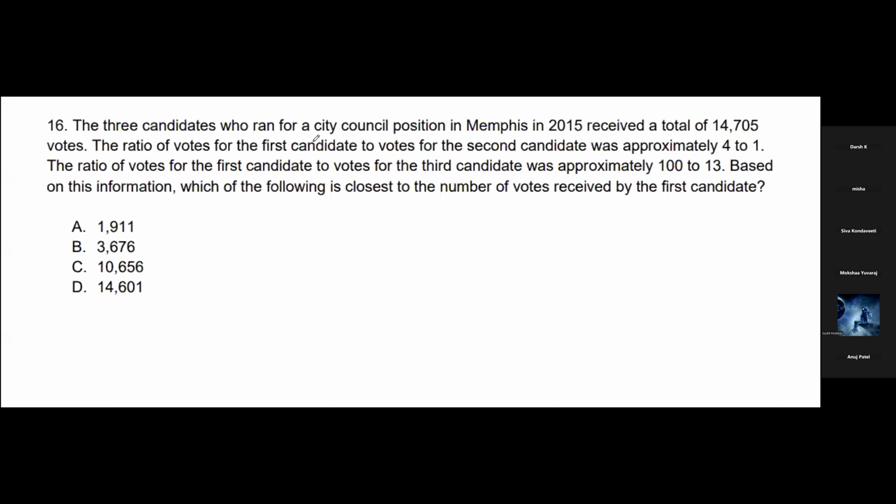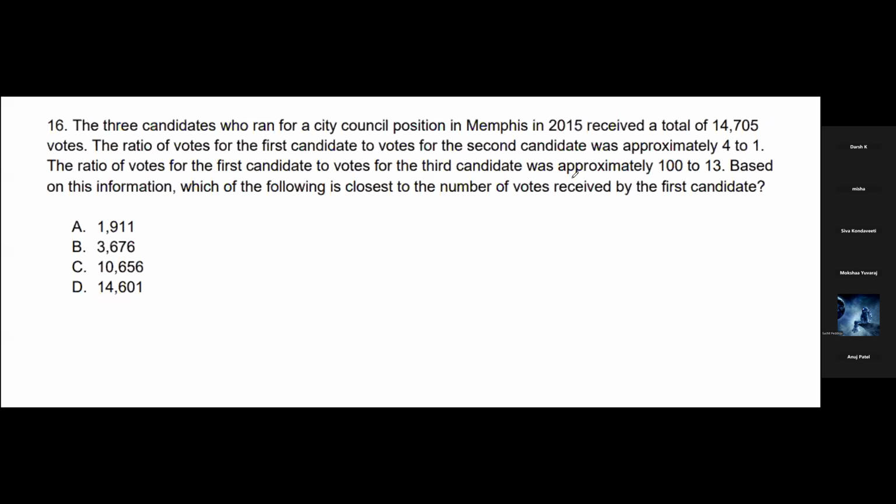The ratio of votes for the first candidate to the second candidate is 4-1. So that means that the first candidate received 4 times the number of votes of the second candidate. And then for the first and third candidate, the first candidate received about 10 times more votes than the third candidate. So it says based on this information, which is closest to the number of votes.